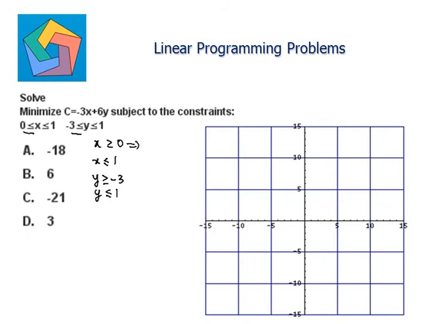This implies x is 0. This implies x is 1. This implies y is negative 3. And this implies y is equal to 1. X is equal to 0 means the y-axis. X is equal to 1. X is equal to 0. X is equal to 1.